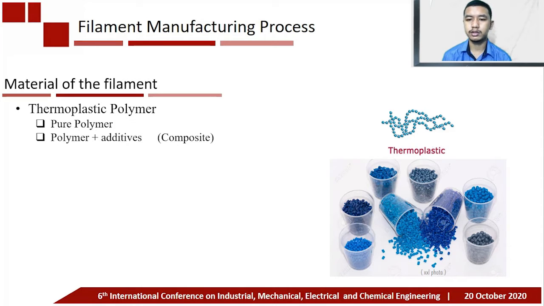Therefore, many researchers and industries have developed polymer composites as filament material for 3D printing, by combining pure polymer and additives to enhance system components, with functional benefits of structural properties that cannot be achieved by any single constituent.